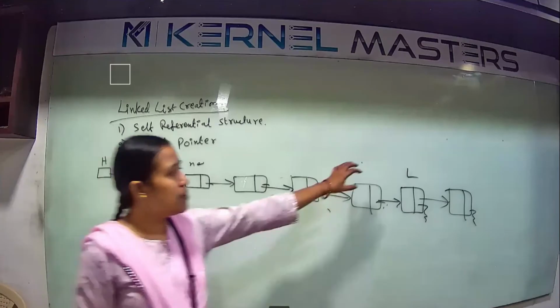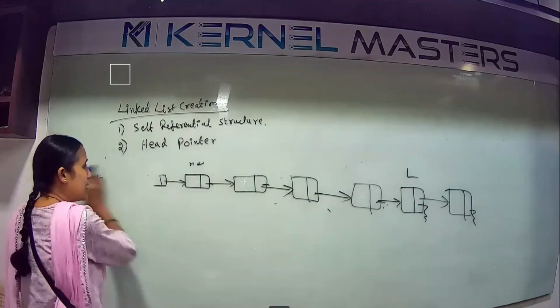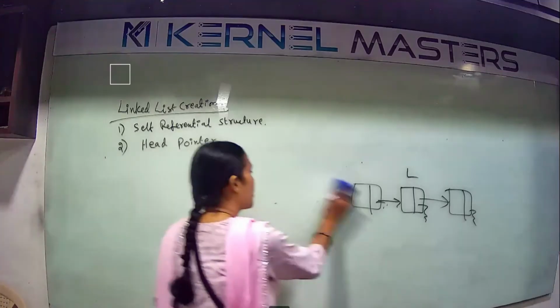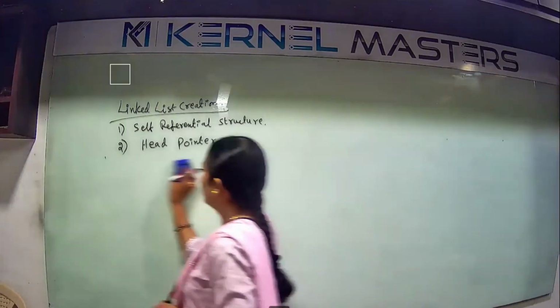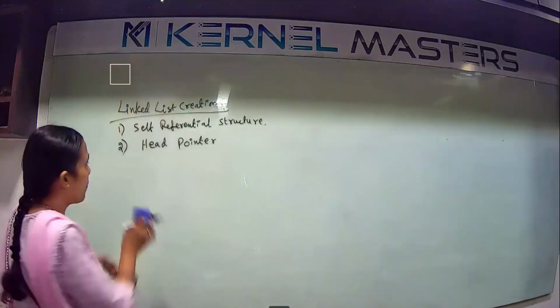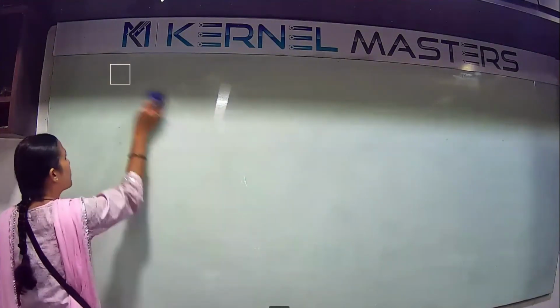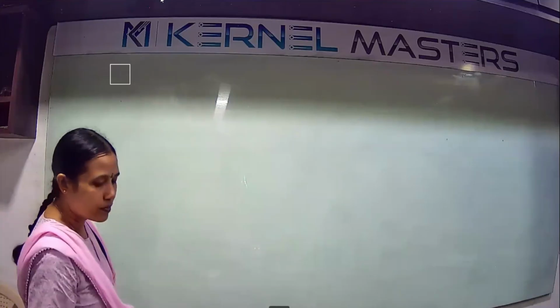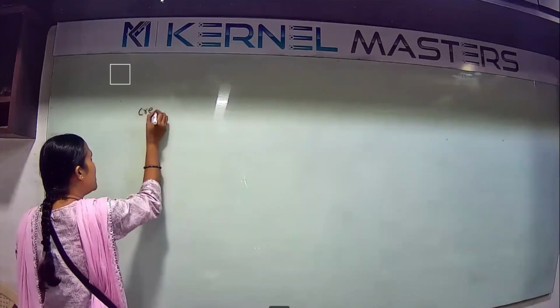So this extra thing we are going to have in our program, because we are going to write just the creation part. We'll assume the self-referential structure is already created. Okay, so the creation function, linked list creation.